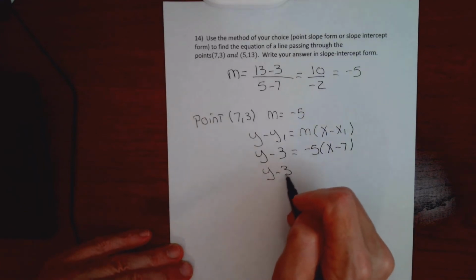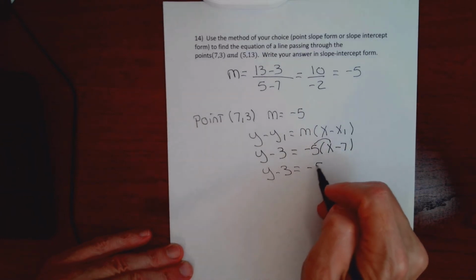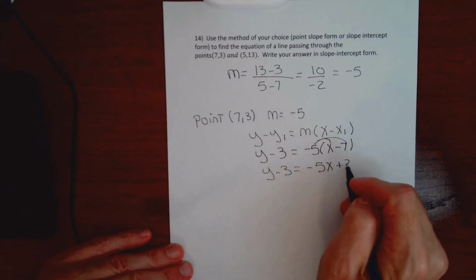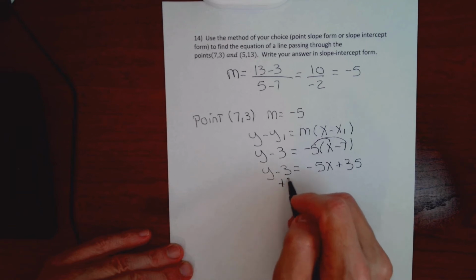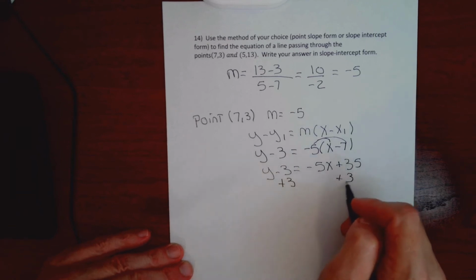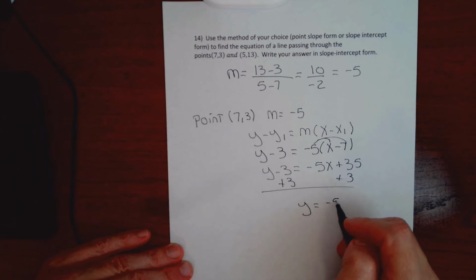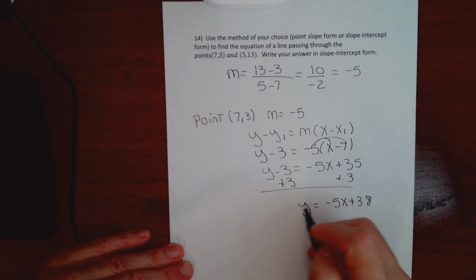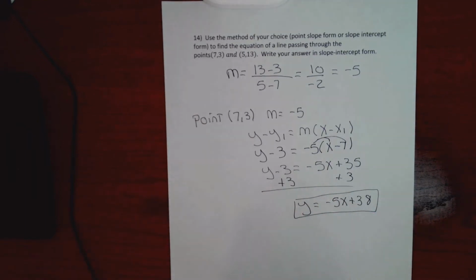When I clear the parentheses, I'll distribute the negative 5 through and get negative 5 times x, and then positive 35 when I do the negative 5 times the negative 7. Now I'm going to add 3 to both sides and get an answer for 14 of y equals negative 5x plus 38. And that's all there is for that.